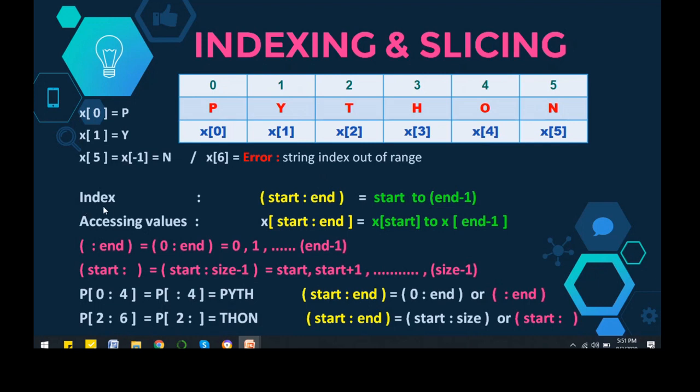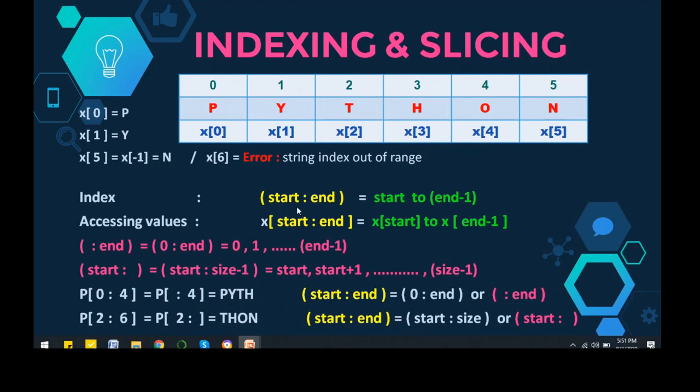Now let's understand it in a deeper way. We will be given a starting index and an ending index with a colon in between, which says that I have to access some substring of this particular string. This is a complete string, but I want to access a part of it.